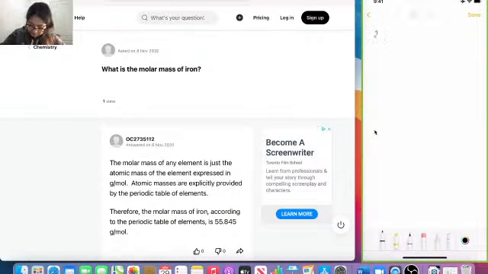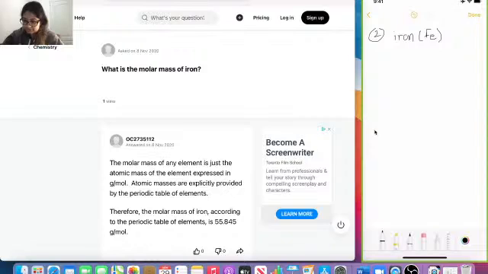Our next question says, what is the molar mass of iron? I believe they're talking about iron, and the symbol for iron is Fe.